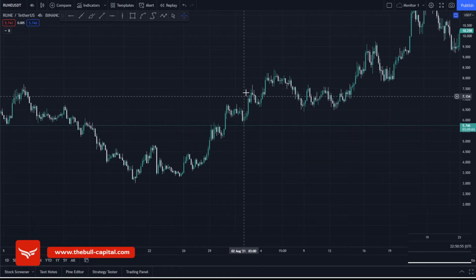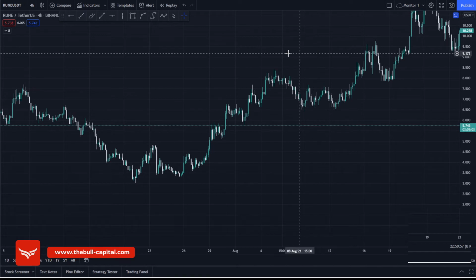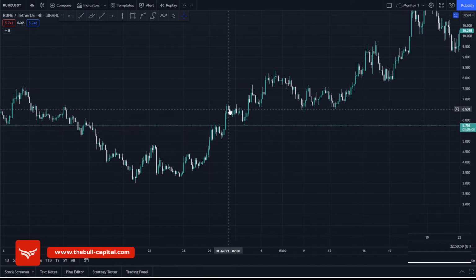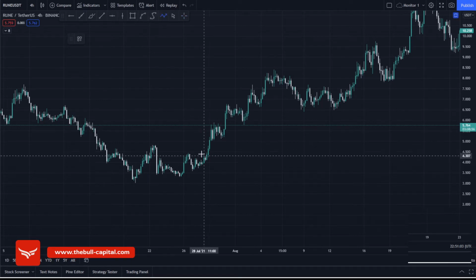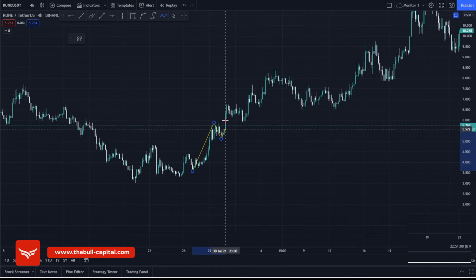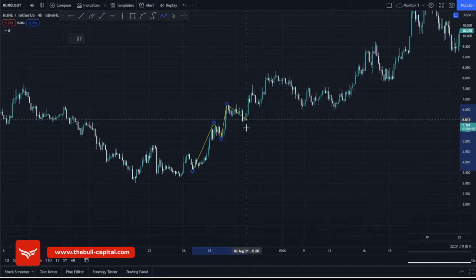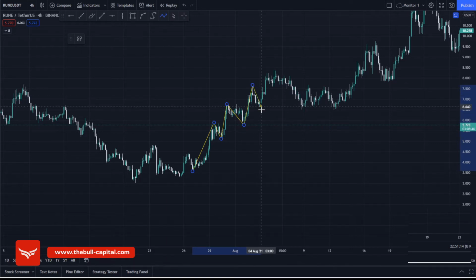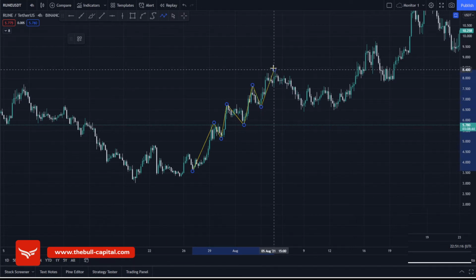Okay, so here we have some swings. We have higher highs and higher lows. Let me actually draw them something like this. Okay, it's enough.